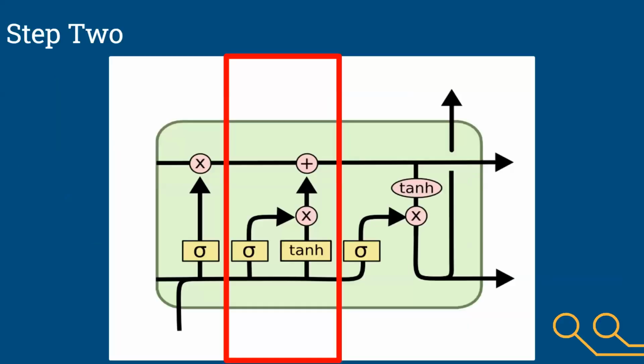Then we have new stuff: what should we be adding to our long-term memory? This does tanh, as we said, to look at how much to value each part. So what parts of our input combined with our previous output do we want to include? And then also, how much do we want to weigh each part? So let's say we have Jesse is a good salesman. We know we want to include that.